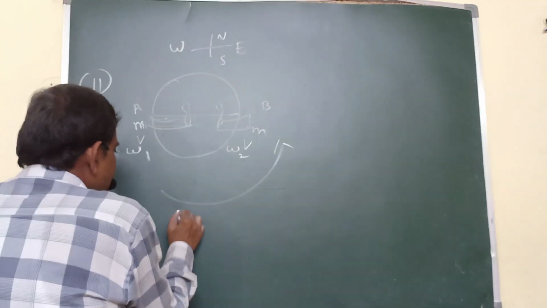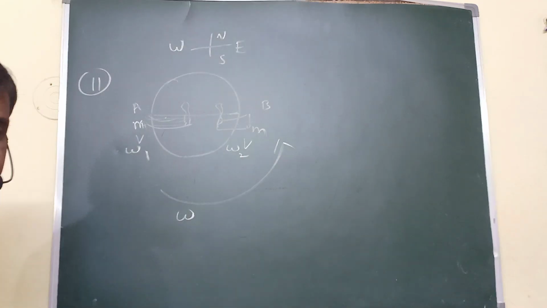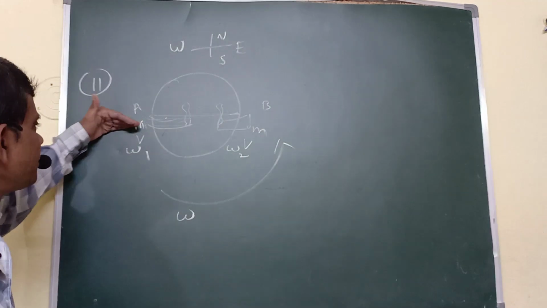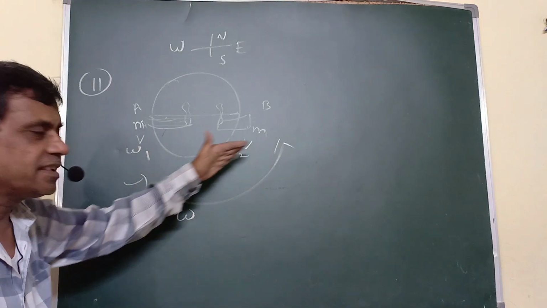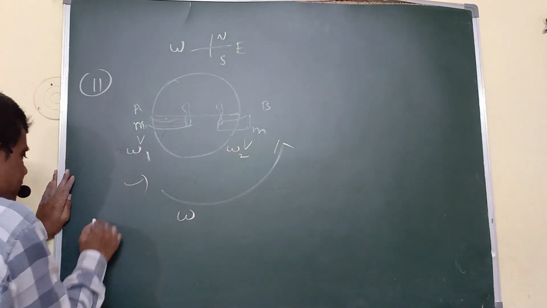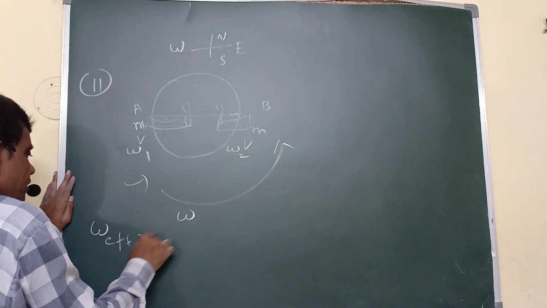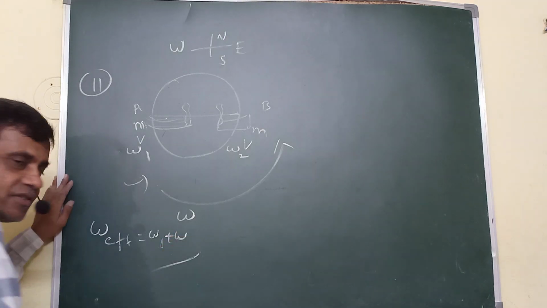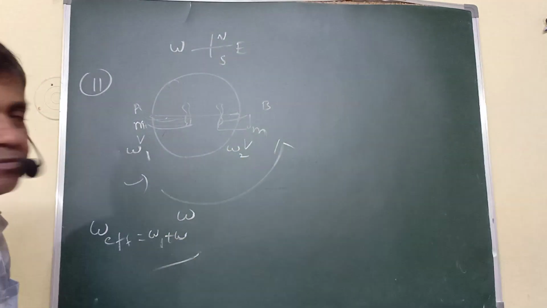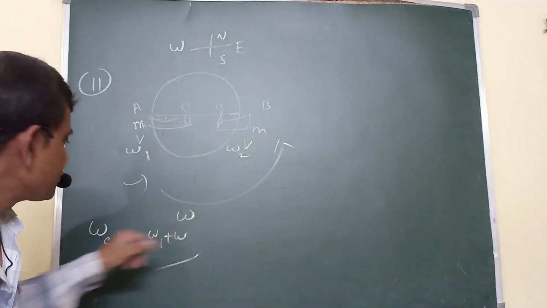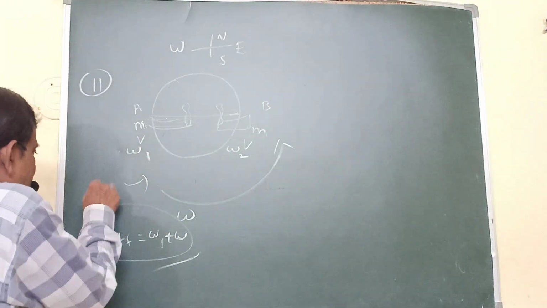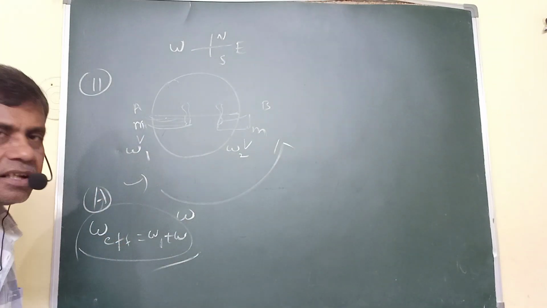But here, what is happening? The earth is revolving with angular velocity omega. This train is coming in this way. The earth is moving like this. So what happens here? The effective angular velocity is omega 1 plus omega, because the direction is the same. This rotation is the same, the earth's rotation is the same. So this is our effective angular velocity.